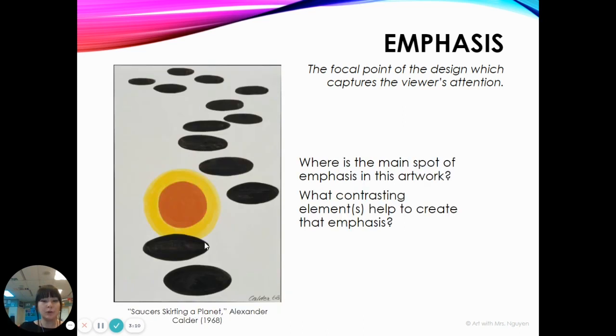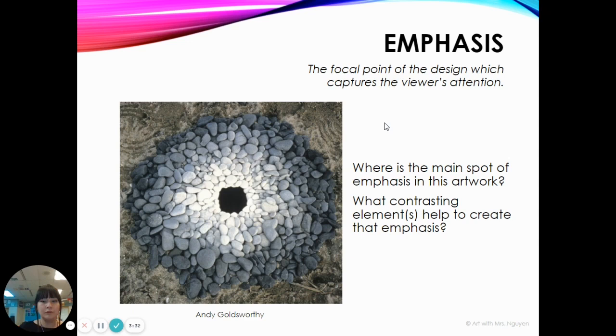This square looks closer, so it's going to stand out the most. Which part of this artwork by Alexander Calder stands out? Which part has emphasis? I would say that this orange and yellow circle stands out because it is brighter, it is bigger, and the shapes and colors are different from the rest. Which part is the emphasis of this artwork by Andy Goldsworthy?